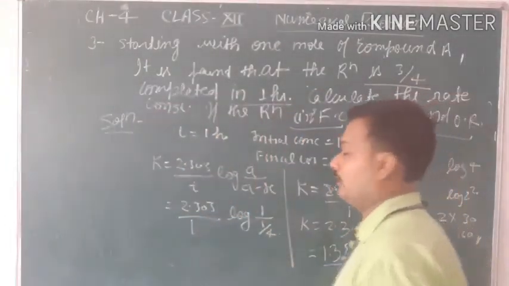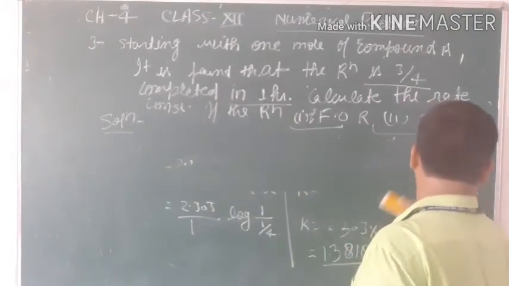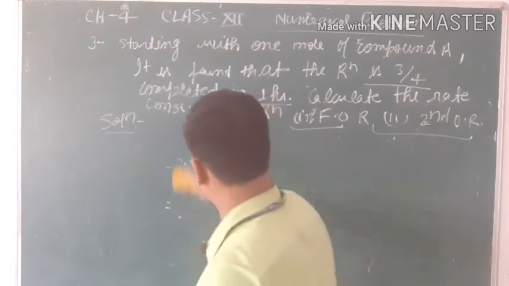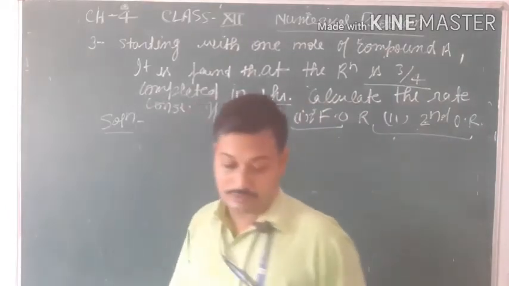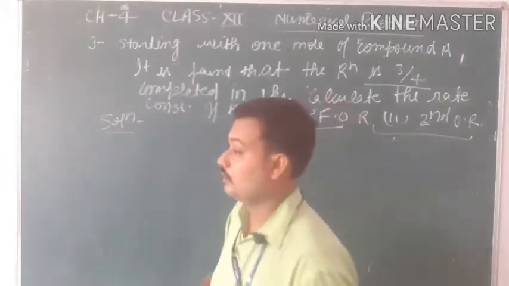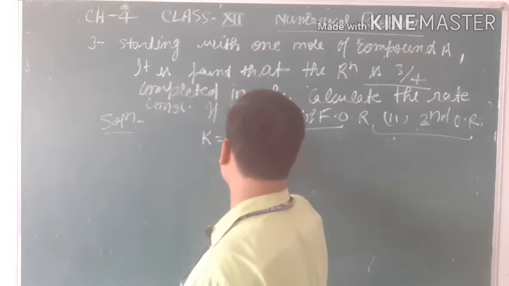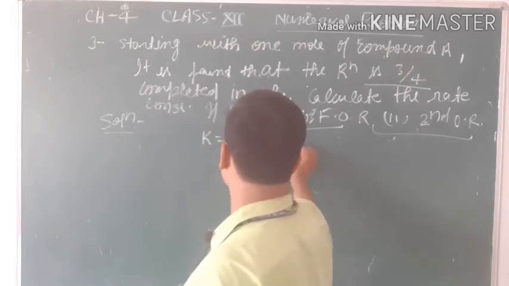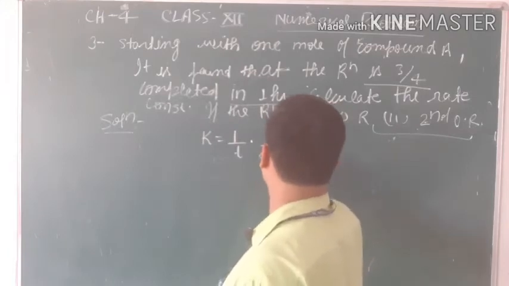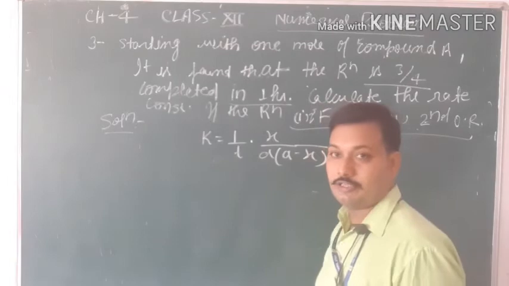For the second order reaction, k is equal to 1 upon t times x upon a(a minus x). This is the second order integrated equation.